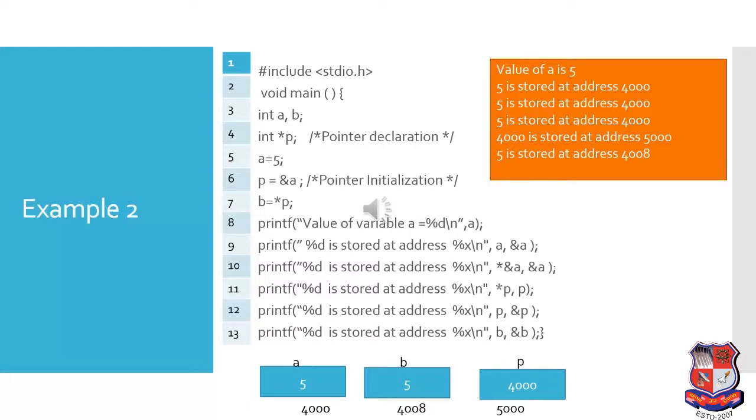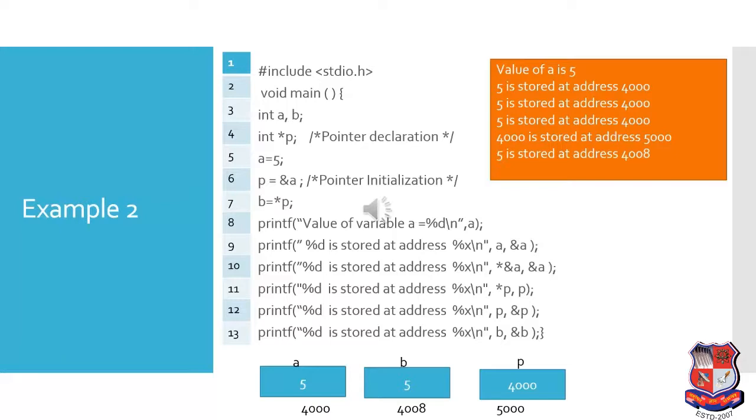So the data type of the pointer we have written as integer. A is assigned a value 5, simple. Now at line number 6, we are saying P should point to variable A. So P is assigned &A, the address of A.